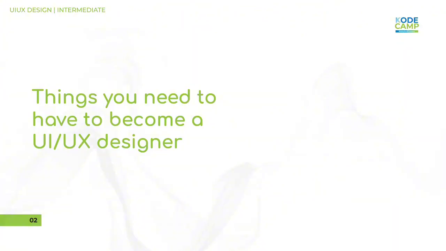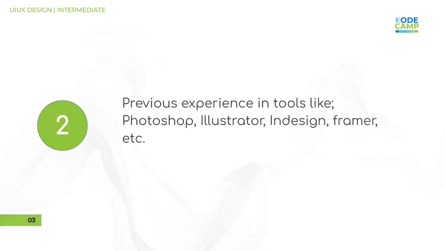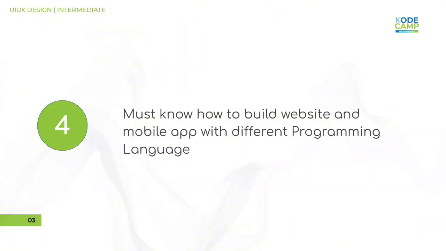So we have things you need to become a UI UX designer. Now we proceed. Number one is that you must have a design degree, at least a bachelor's degree, preferably. Personally, I would prefer a master's degree, and it is a must-have. Also, you must have previous experience in tools like Photoshop, Illustrator, InDesign, Framer, etc. Number three, you must have an intensive curious mind and know about business and processes.